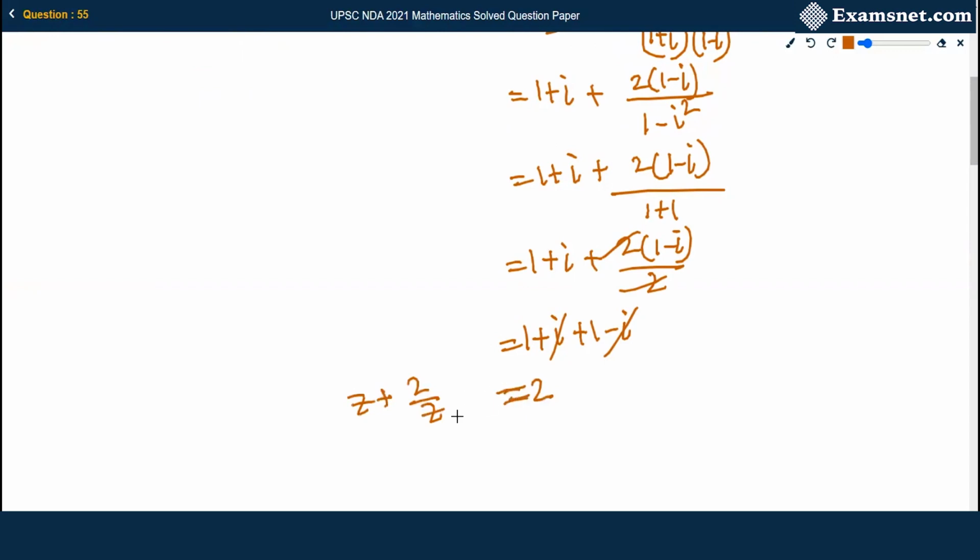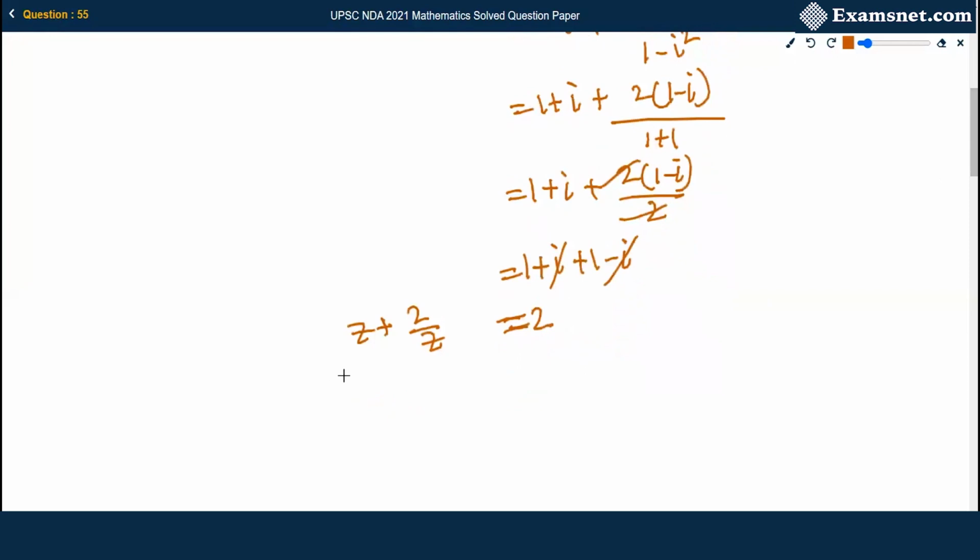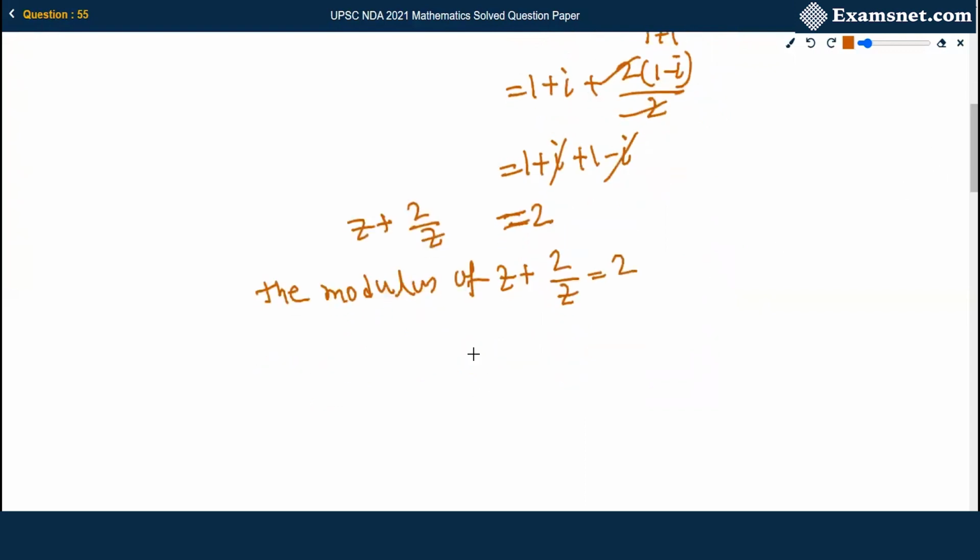Now look, it doesn't belong to a complex number, right? It's a constant, it's a real number, which is 2. So we can directly see that the modulus of z plus 2 by z is 2. If I try to represent it as a complex number, I can write 2 by i multiplied by z, correct?